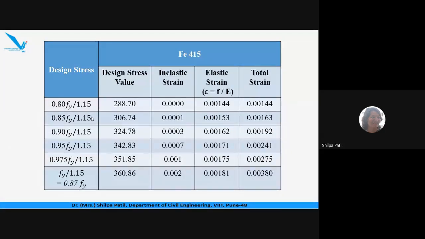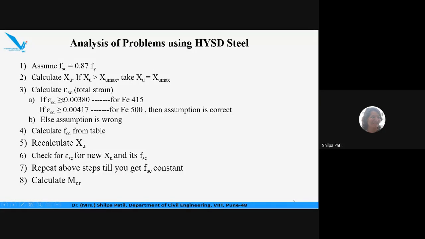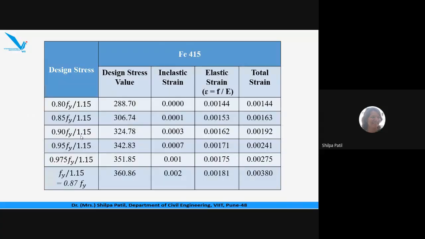Suppose after calculation your epsilon SC value is coming as 0.00250. Let us assume this value. It is less than 0.0038. I'm assuming Fe415, so I have to calculate FSC from the table. For epsilon SC equal to 0.0025, refer to the final column of the table.